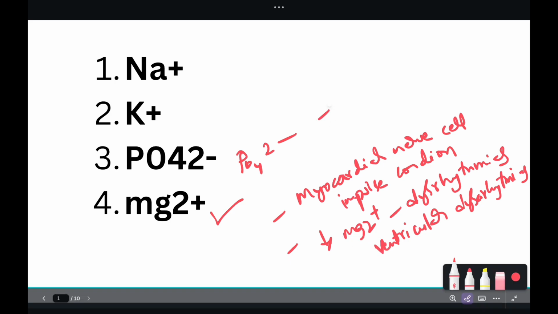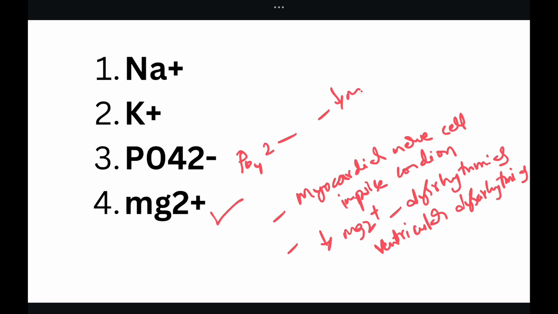Low magnesium levels will lead to the occurrence of seizure. So there is a priority for seizure precautions.